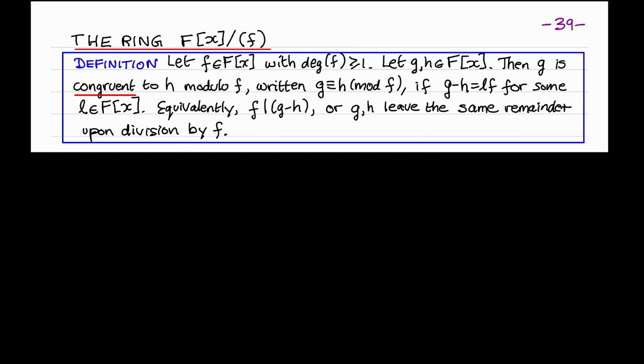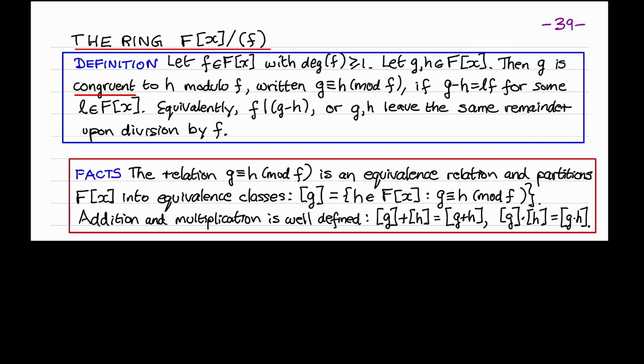And you can check that the relation of g being congruent to h modulo f is equivalent to the condition that g and h leave the same remainder upon division by f. Here are some facts about the relation of congruence modulo f.